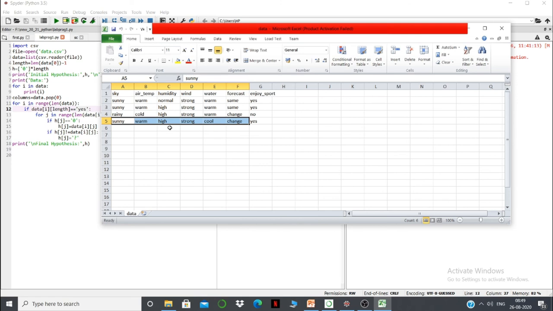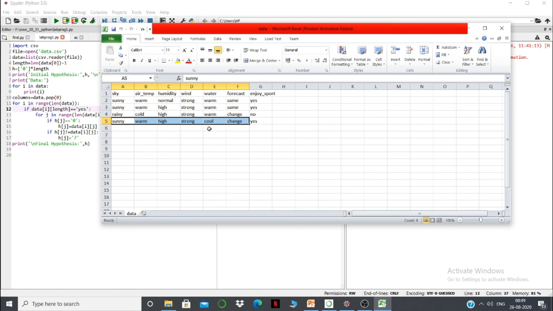High and normal: humidity has changed to a question mark because it accepts any value, so the question mark remains as it is. Strong remains as it is. But now the previously generated hypothesis contains warm, while here it is cool. Even though it is cool, the target concept is yes.